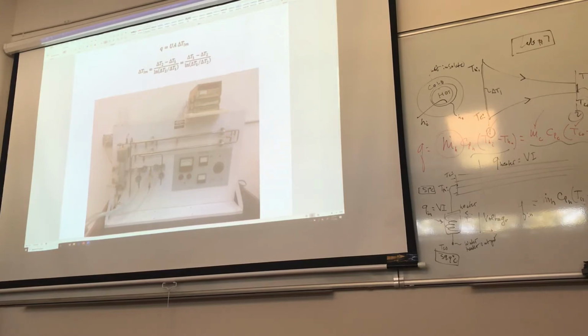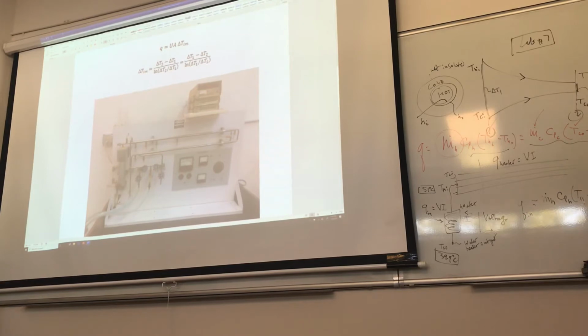So we make sure this valve is closed here. And if this valve is closed, that means this fluid is forced to go in which direction? To the right. And we open up this valve, right? And then we close up this valve.